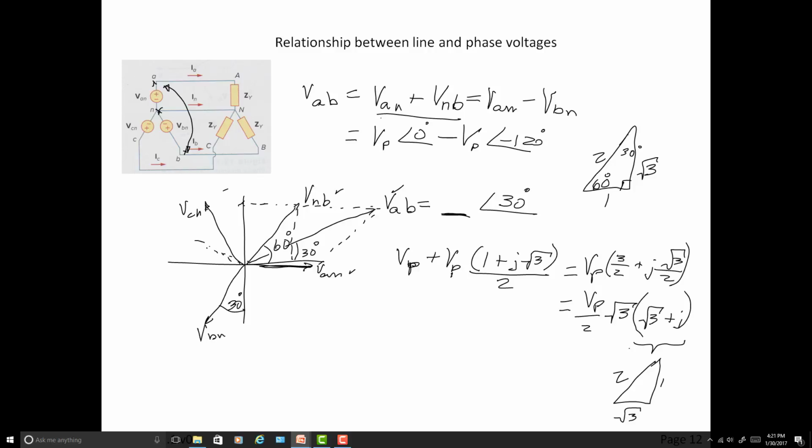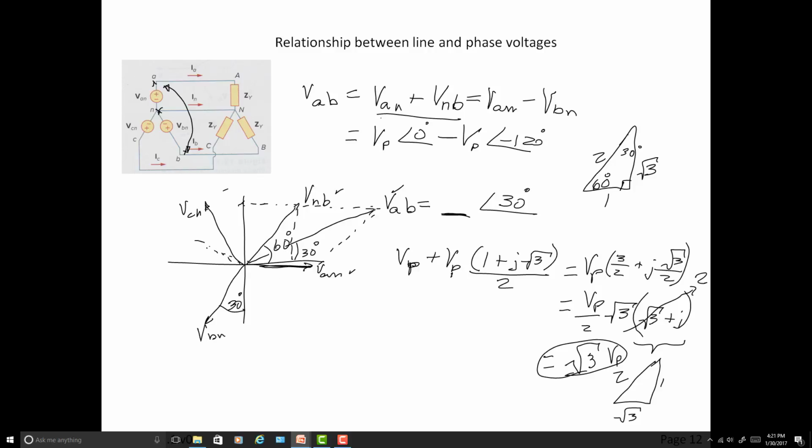So the magnitude of this thing is 2, and 2 times 2 gets rid of that. So let me do this all legitimately here. This all becomes 2, and 2 divided by 2 is 1. So this all equals square root of 3 times VP. Okay? So that is the length of that new vector.